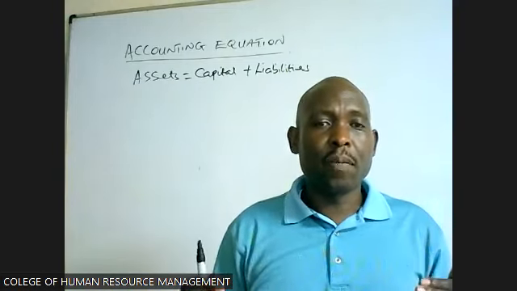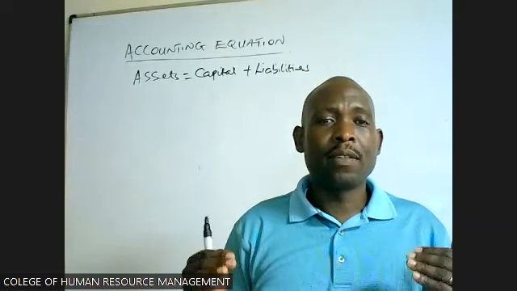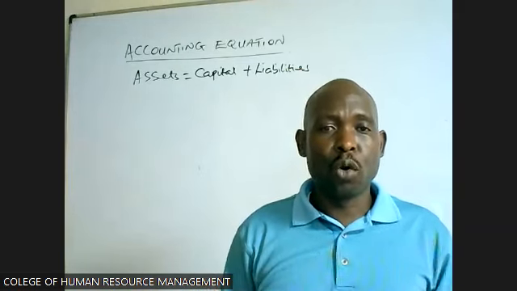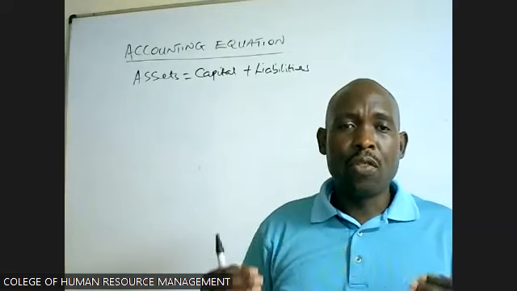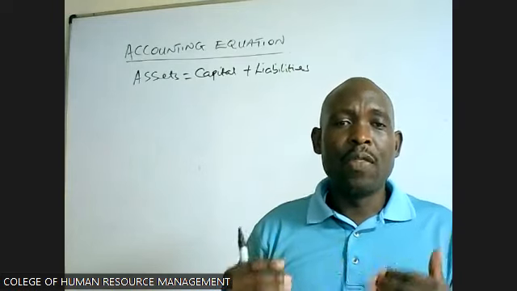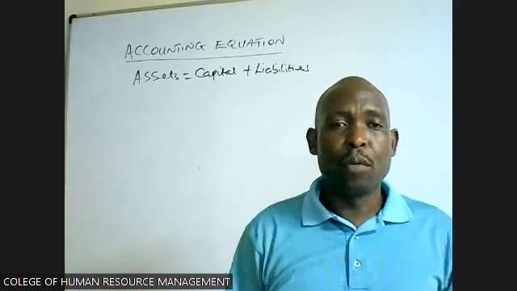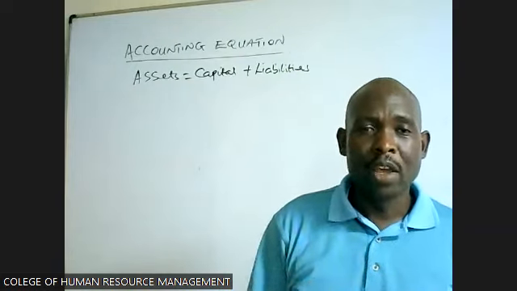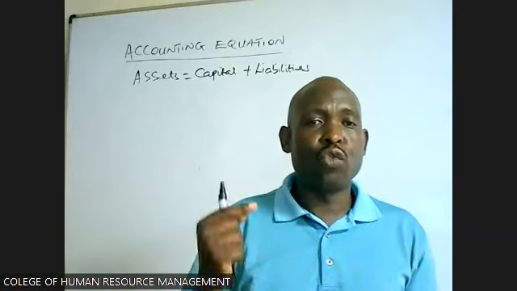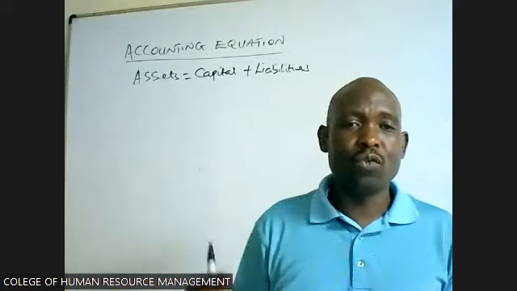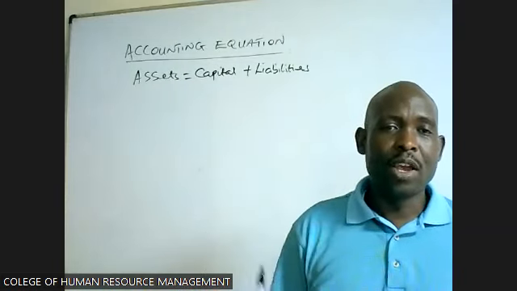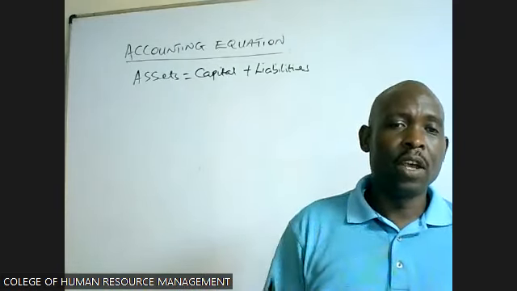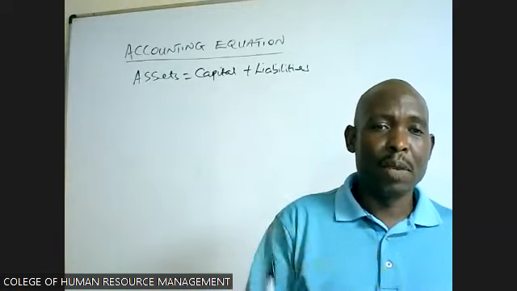In the course of running the business, you can acquire things on credit or you can borrow some resources. Those resources that you borrow simply mean that you owe somebody a certain amount of money. So the total amount of money that you owe the outsiders is what we call the liabilities. You can buy goods on credit, and the supplier becomes a liability to you.